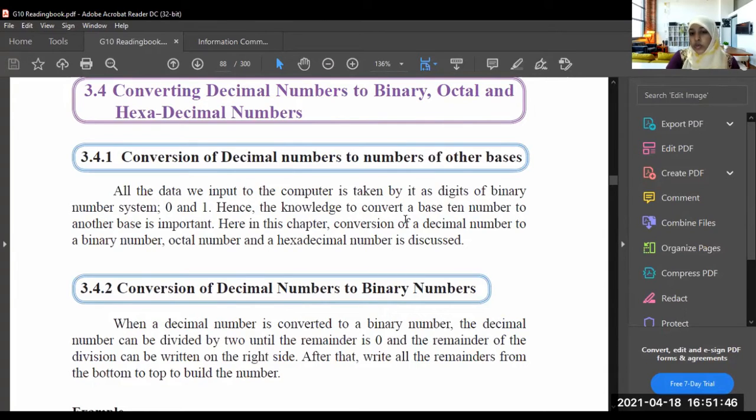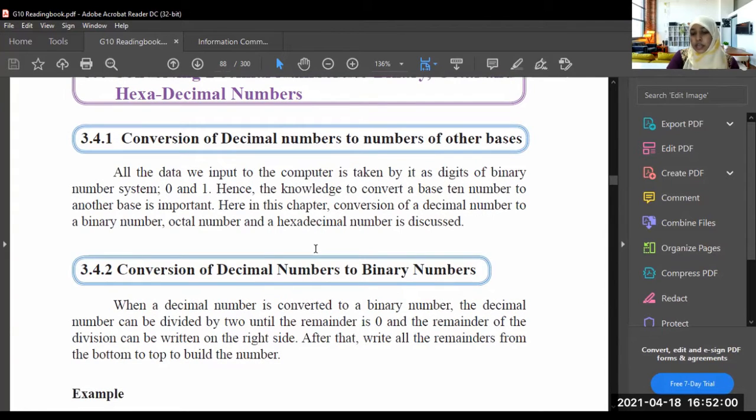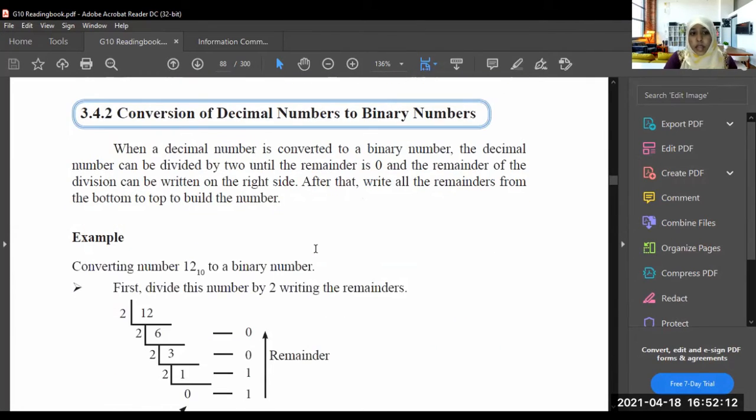Hence, the knowledge to convert a base 10 number to another base is important. In this chapter, conversion of a decimal number to a binary, octal and hexadecimal number is discussed. So that is what we are going to learn.